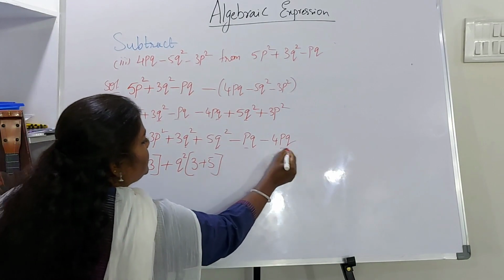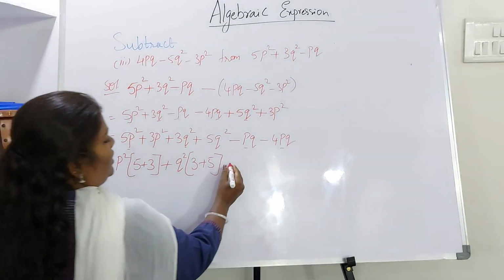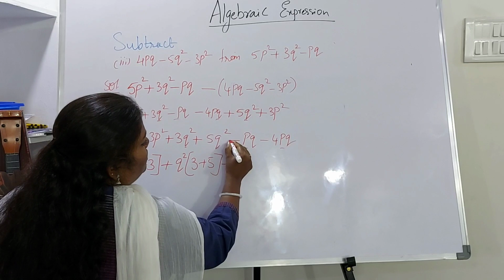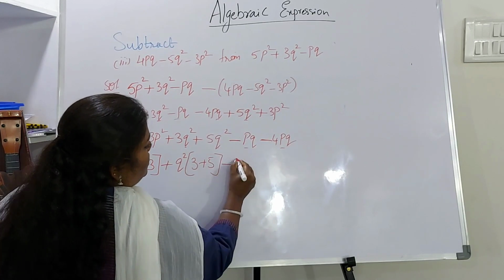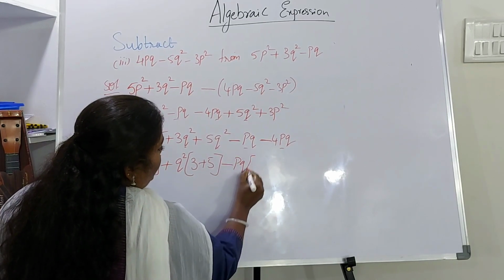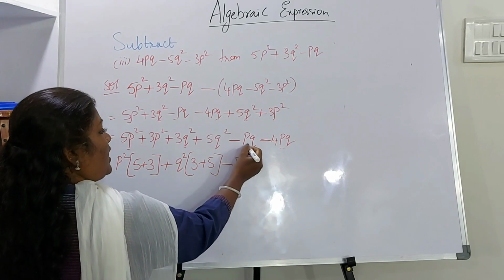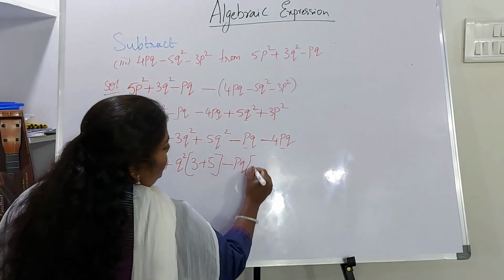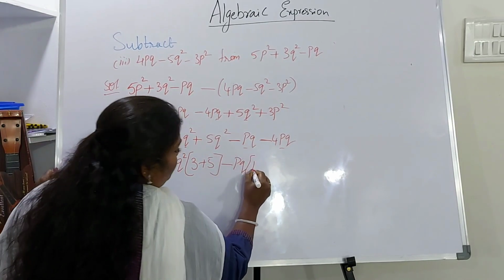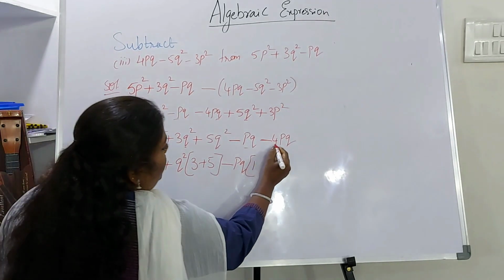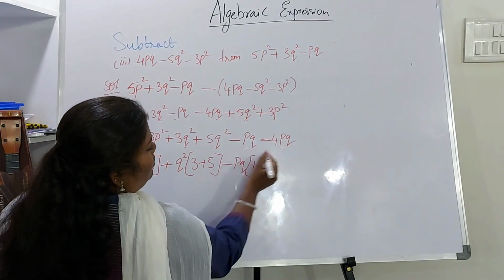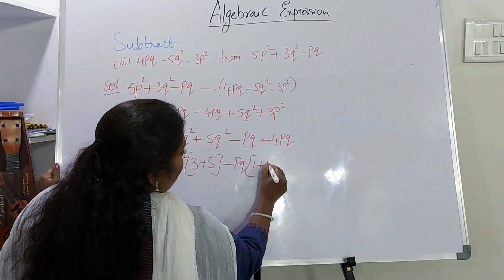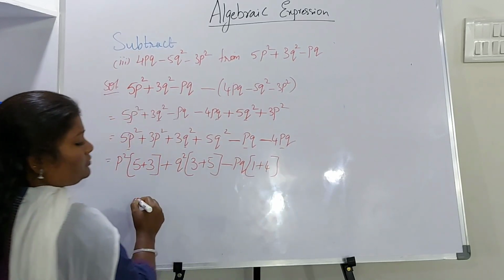Now here you can see that pq is common. So I am taking minus pq common out. Here you have minus, here you have minus. Because I have taken minus pq, the only coefficient left is 1. And here you have taken minus and pq out, you have only 4.